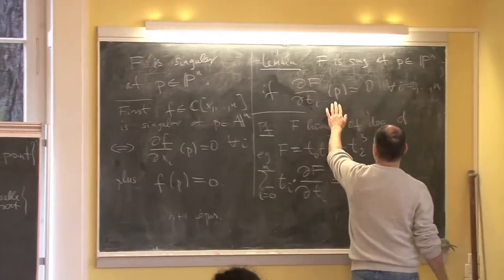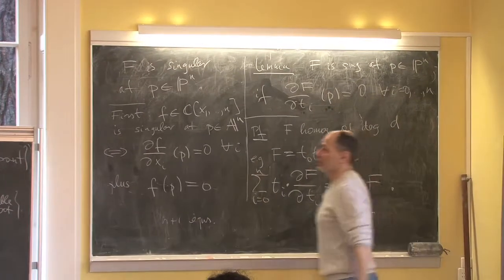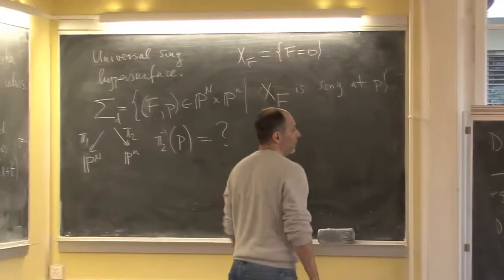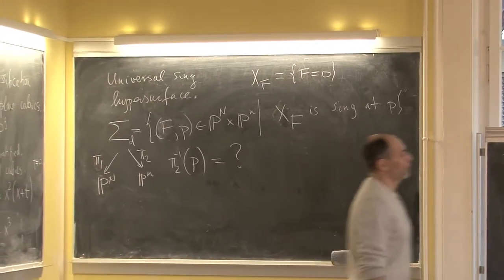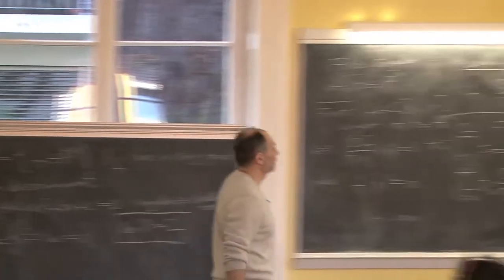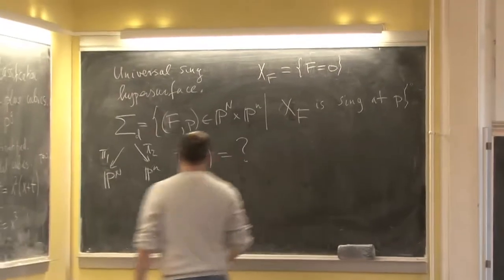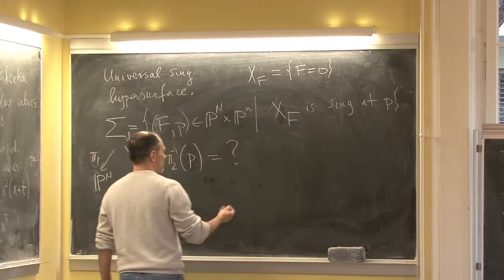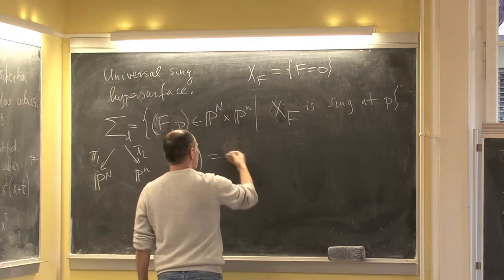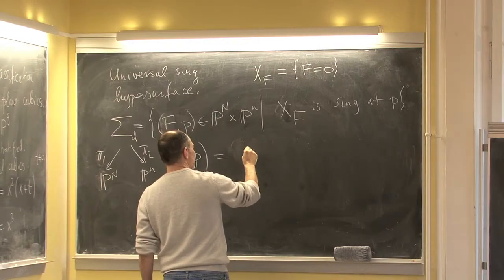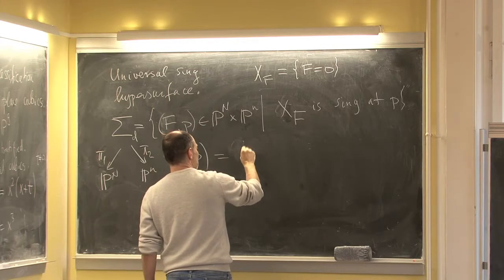When you write down these equations, you can see that these are just a set of linear equations again, just like in the previous case, on the coefficients of F. So the equations are linear, so this is just going to be codimension.